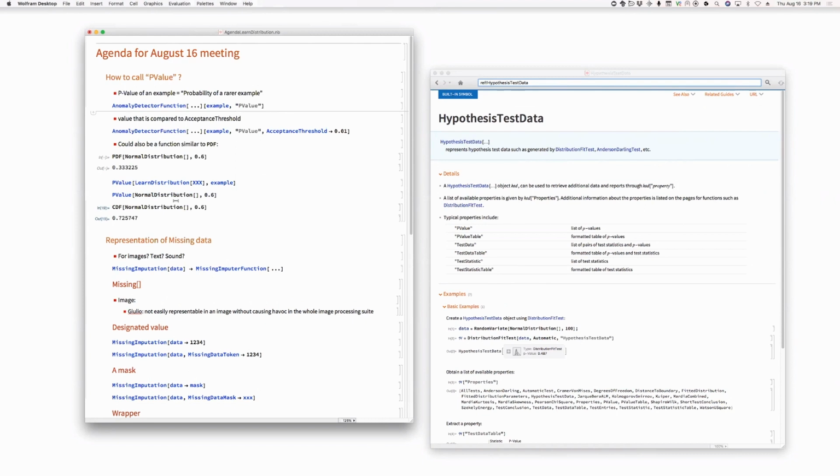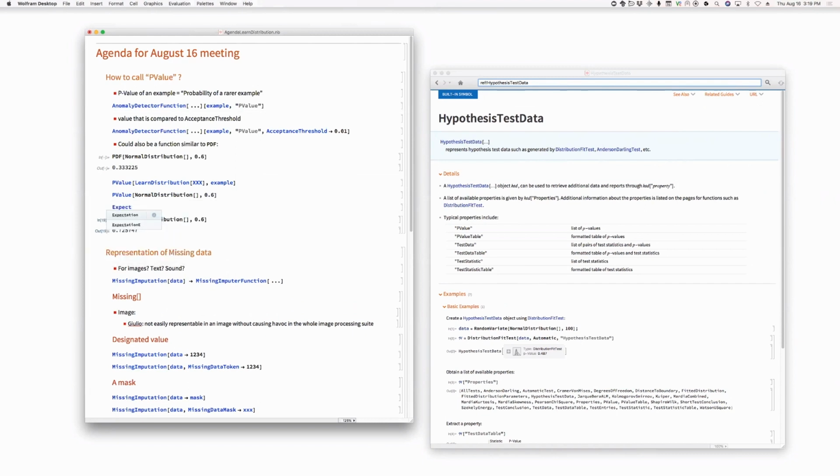I just don't know, it's rarer. So the question that we have for anomaly detection is not the probability that it is bigger or smaller or anything of the sort. It's the probability that it is rarer. So that's going to be the survival function at this point, because survival function gives you the probability that your value is greater than 0.6. No, not x below 0.6.